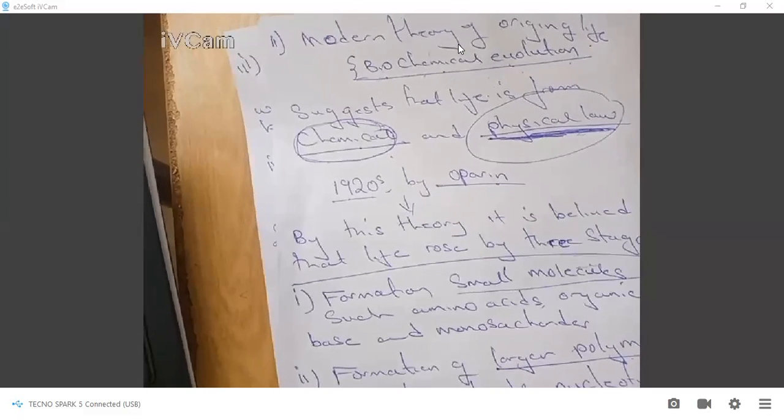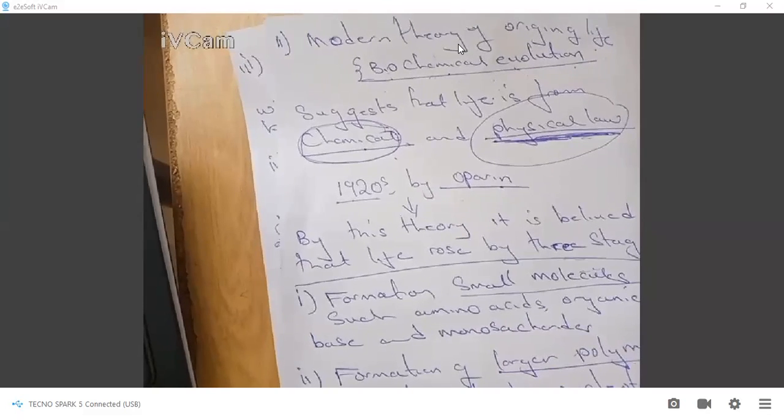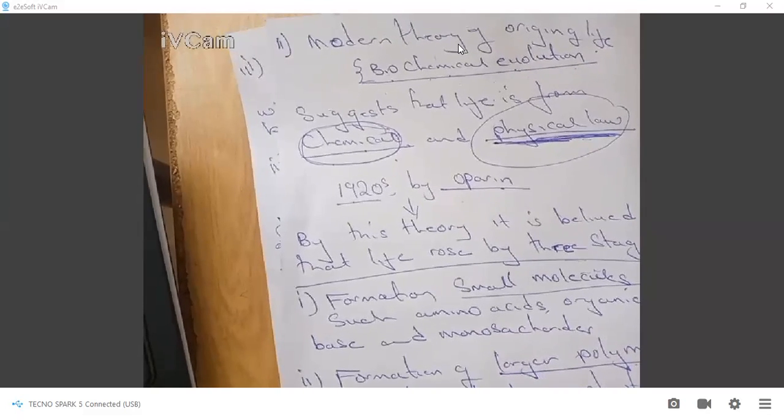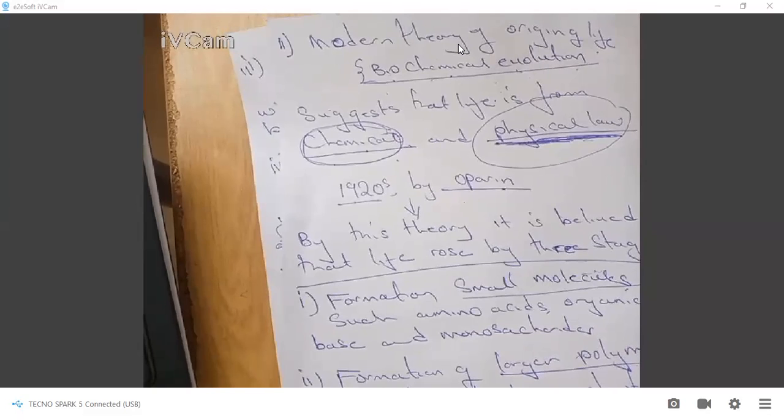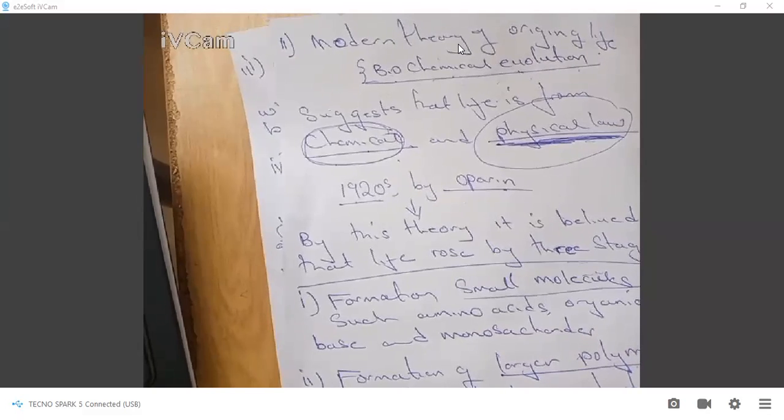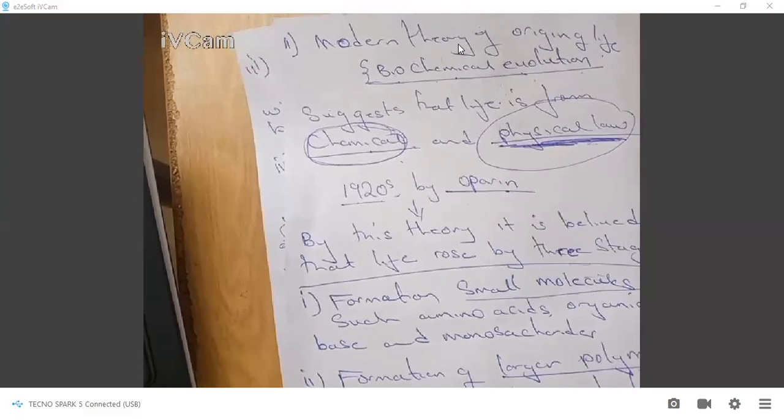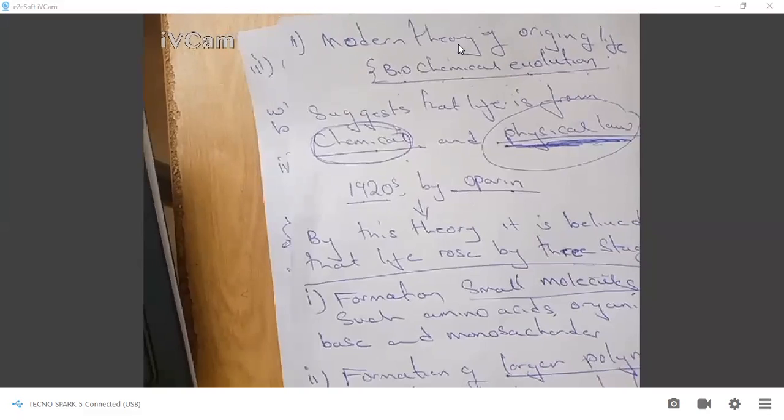But it started with the simple prokaryotes, like bacteria and fungi, which started the whole process. Then it went to eukaryotes, which led to other organisms.